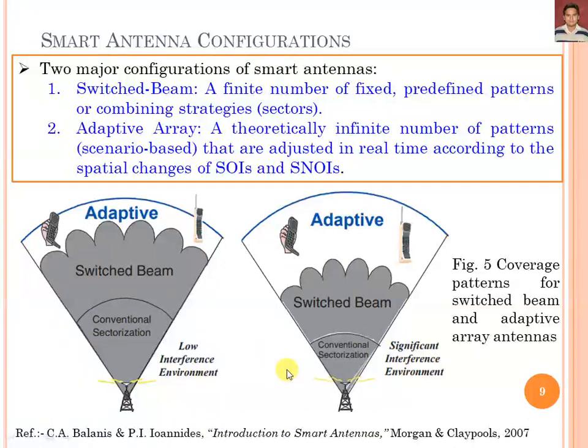Here you can see the coverage pattern of the switched beam and adaptive array antenna system, and we have compared these according to the conventional sectorization.